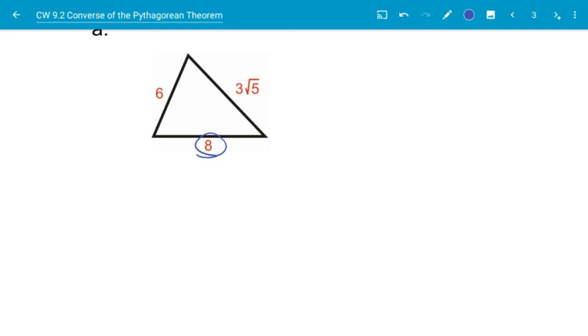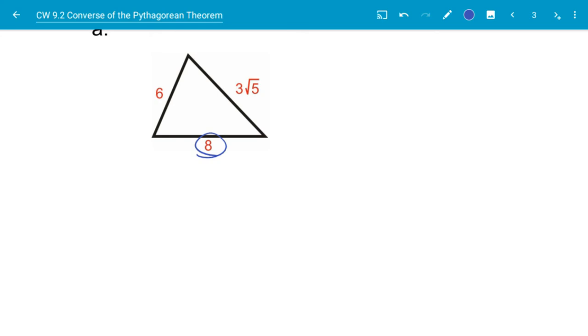Let me get out a calculator here. The square root of 5 is 2.2, and if I multiply that by 3, that gives me 6.7.